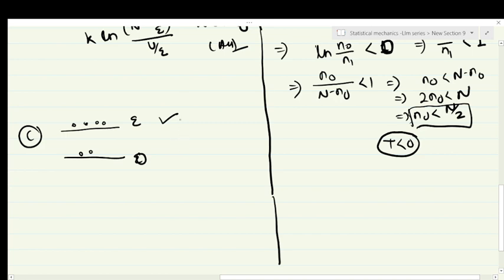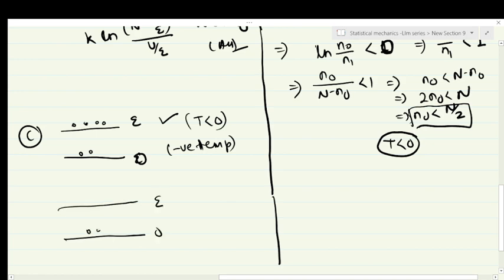That means at T less than 0, the number of particles in the upper state is more compared to the lower state. This is the negative temperature. And positive temperature is just the opposite: the number of particles in the lower state is more compared to the upper state, which only occurs when T is greater than 0.